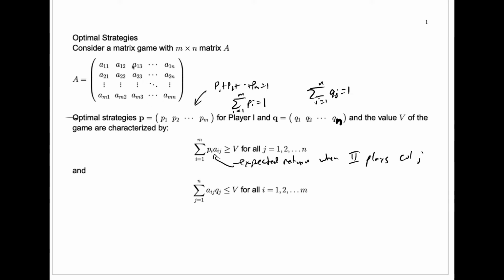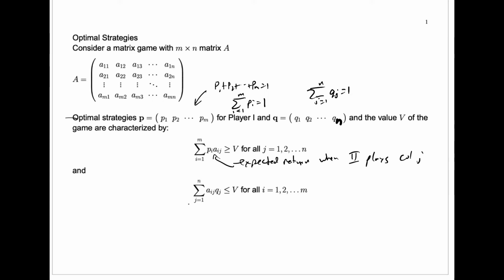If j equals 3, the expected return would be P1 times A13 plus P2 times A23 up to Pm times Am3. That's exactly what we would have here. And this says that for every choice of column, for every j equals 1 through n, the expected return for player 1 is at least V, the value of the game. In other words, no matter what player 2 does, player 1 gets an expected return that's at least as good as the value of the game V.